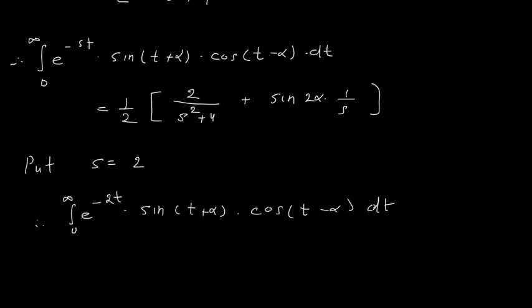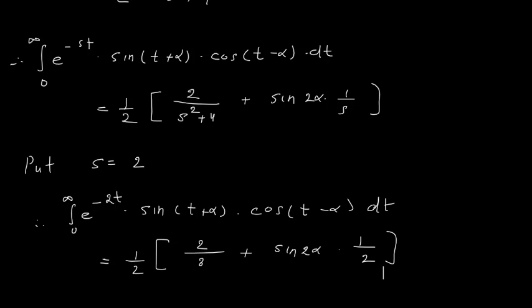We have replaced s with 2, so here also we get 1 upon 2 into 2 upon 2 square plus 4, which is 4 plus 4, 8, plus sin 2 alpha into 1 upon 2.